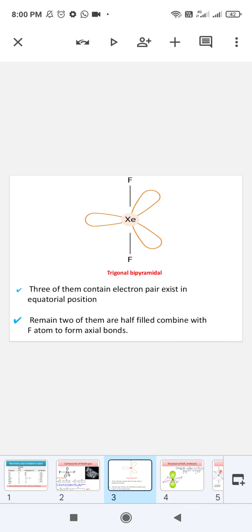So the actual geometry is trigonal bipyramidal, but if we ignore the lone pairs of electrons, the geometry is linear in character.